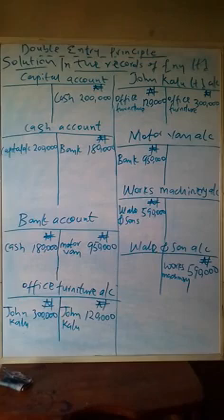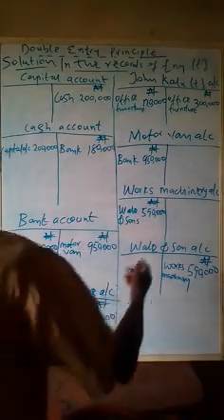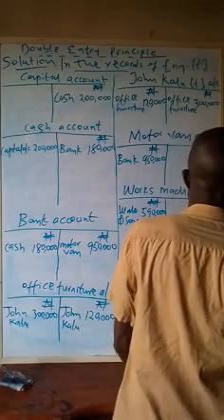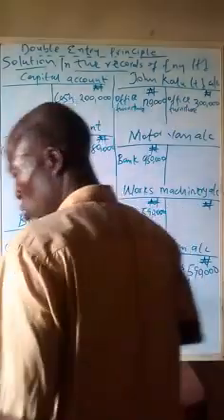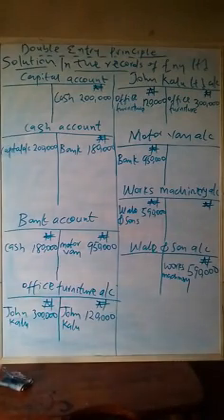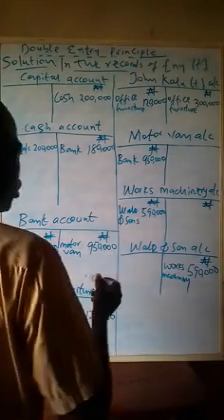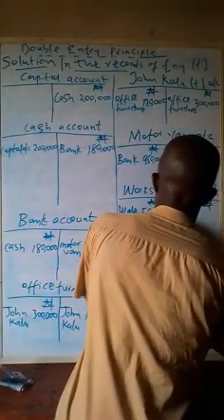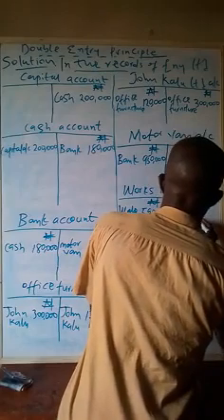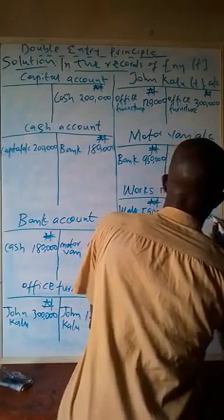Sold some of the works machinery for 150,000 naira cash. Where is the works machinery? That is disposal. So cash is now receiving 150,000 naira.